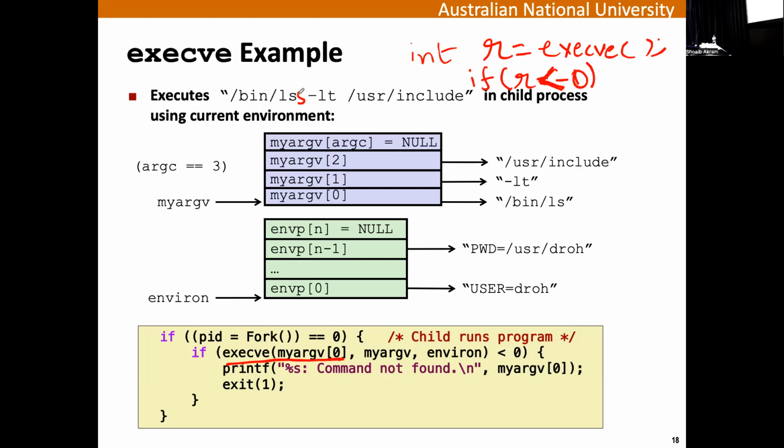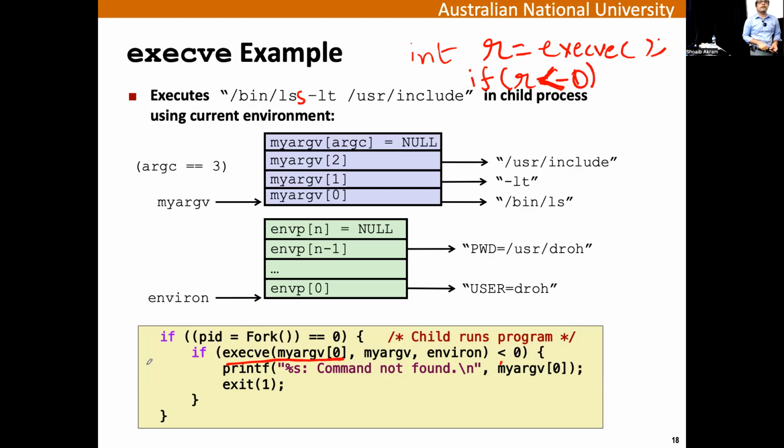So can it return something that isn't negative? No. And what's the point of having a check if it will always return a negative value? Right, so it's possible to do that.